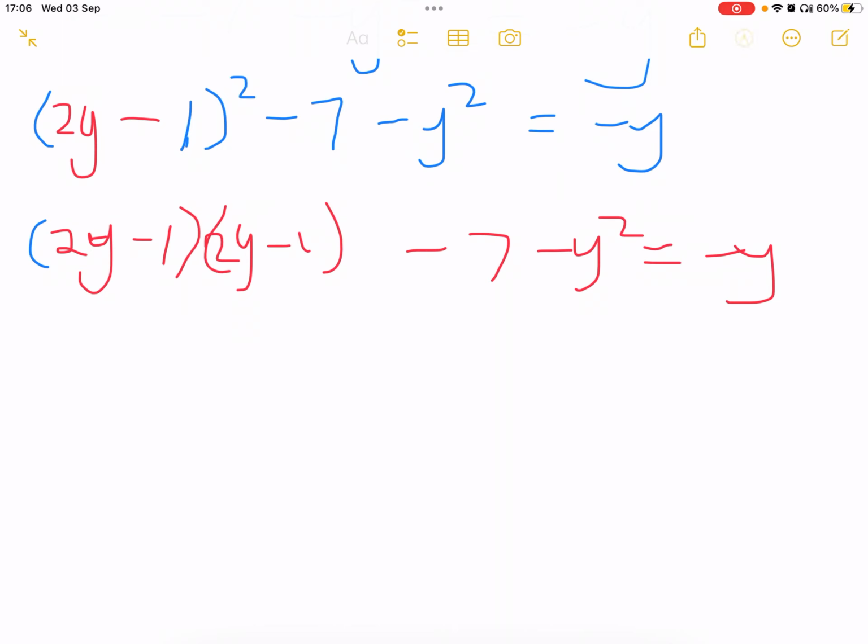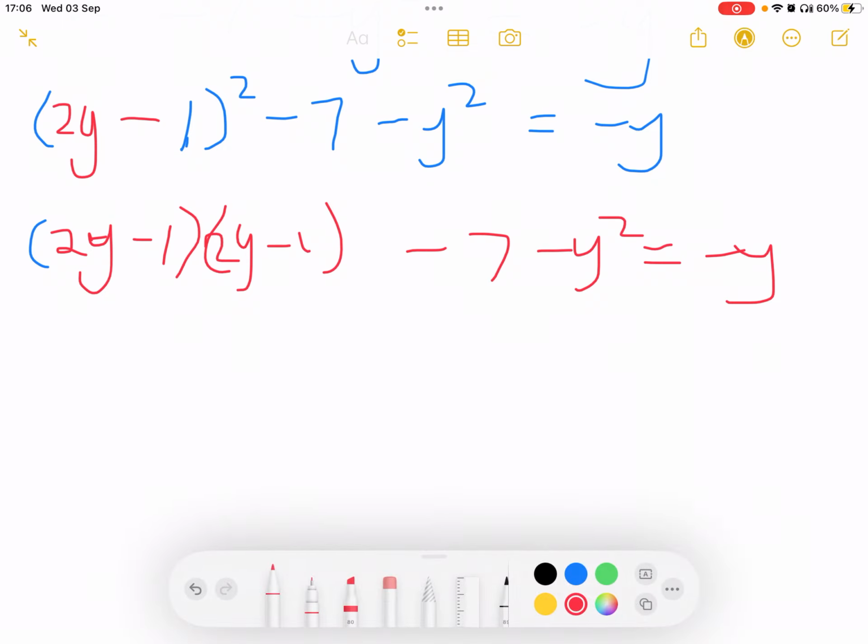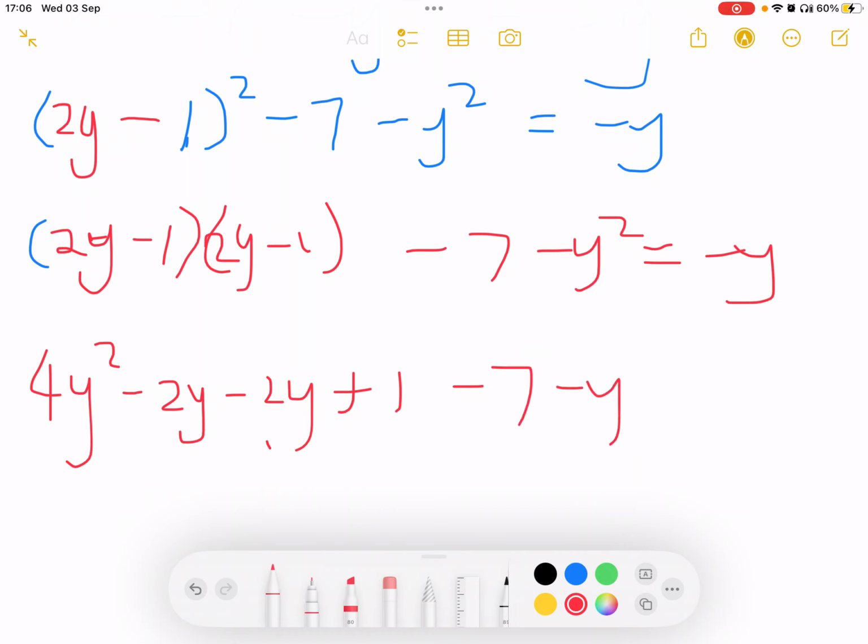Then we can simplify that into 4y squared minus 2y minus 2y plus 1 minus 7 minus y squared plus y equals 0.